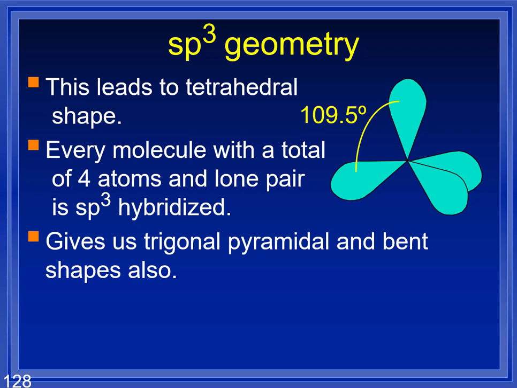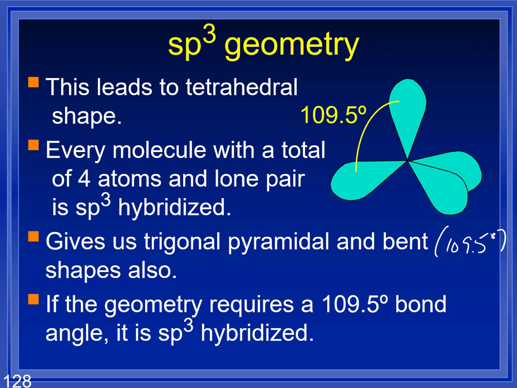So that's going to give us trigonal pyramidal and one of the bent at 109.5. We still haven't discussed the 120 yet. So really, if the geometry requires a 109.5 degree bond, it's sp3. If it's sp3, you're going to have a 109.5 degree bond.